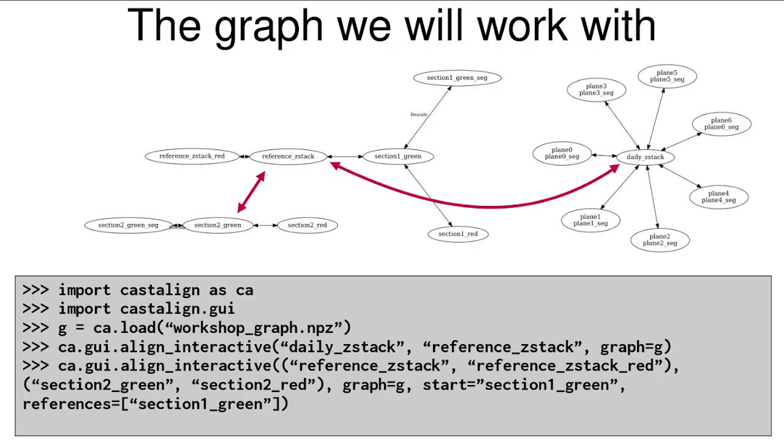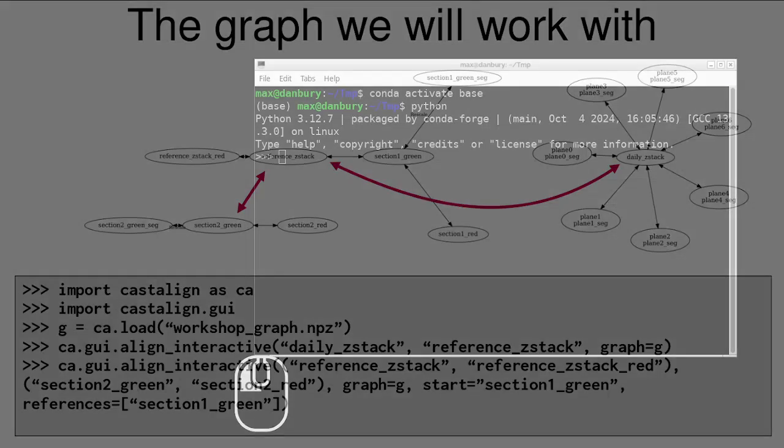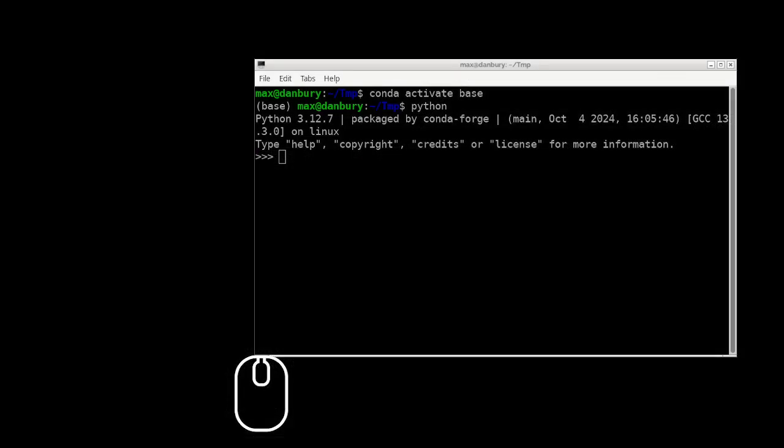So now we are going to switch over to the live demo. In this demo, we're going to walk through some of these commands that we've seen, and we're going to use them to do a registration. So let's start out.